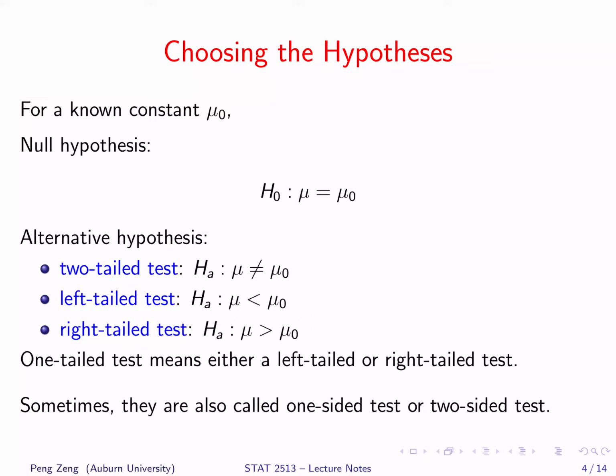To solve the problem of hypothesis testing, the first step is to correctly identify null and alternative hypotheses. Notice that the null hypothesis is always mu equals mu0. The alternative hypothesis can be different according to what we want to do in practice.